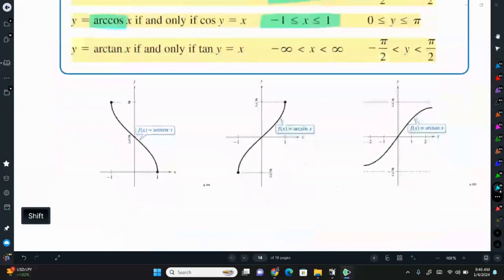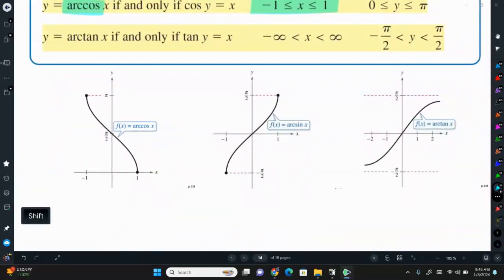And these are the graphs of the inverse or arc functions. So inverse cosine, inverse sine, and inverse tangent. And you can see with those restrictions how now that we're talking about the inverse, these all pass the vertical line test.